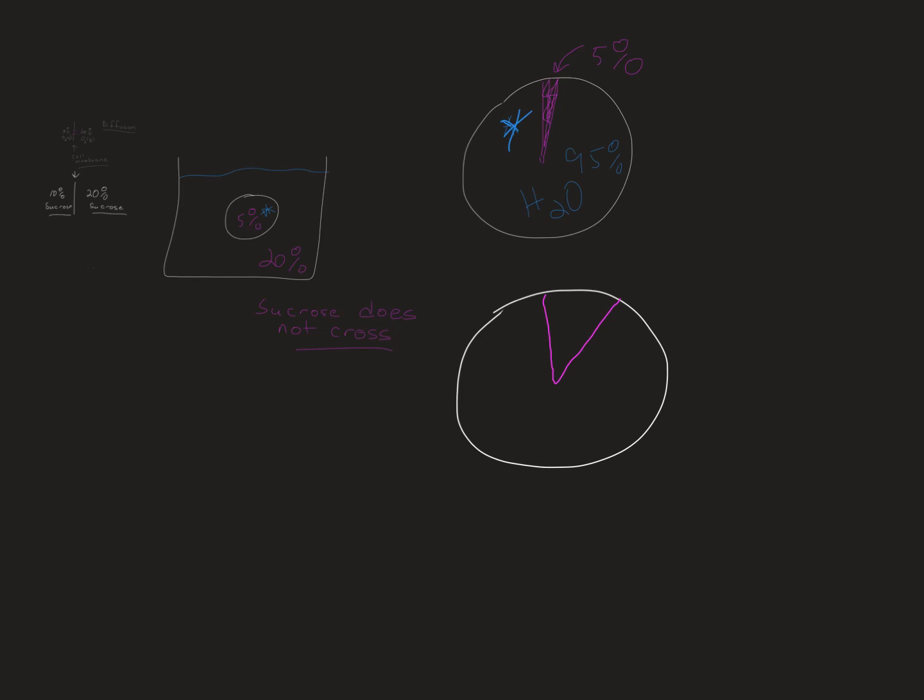And this is 20%. So if it's 20% sucrose, what's the rest? 80% water. So on the inside it's 5 and 95, and on the outside it's 20 and 80.